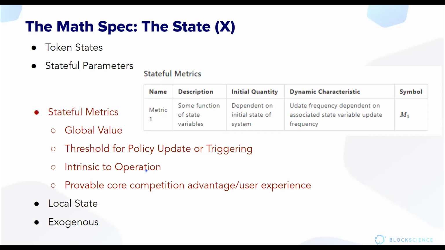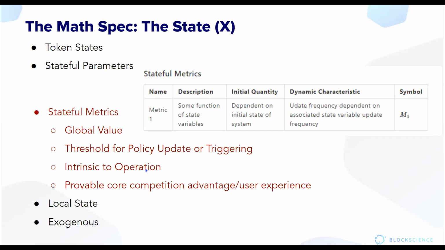Even in this case here, I'm going to have some cases for the Hydra that we'll see, but say for instance, how familiar are you with Uniswap? Built into Uniswap, we have our token states, and the stateful parameter is the fee, right?